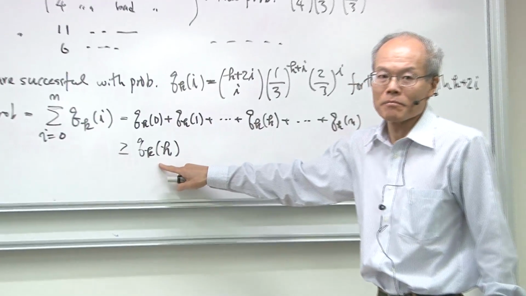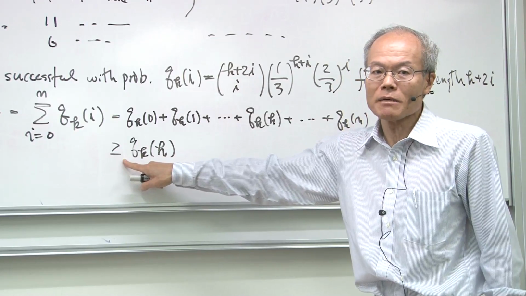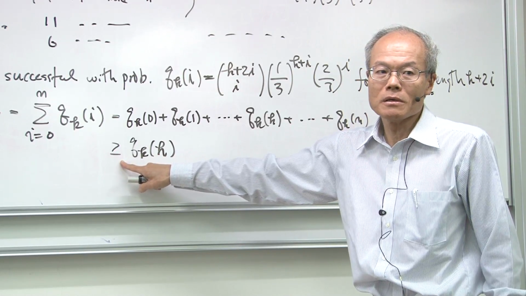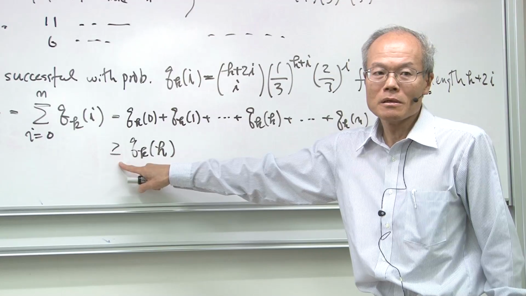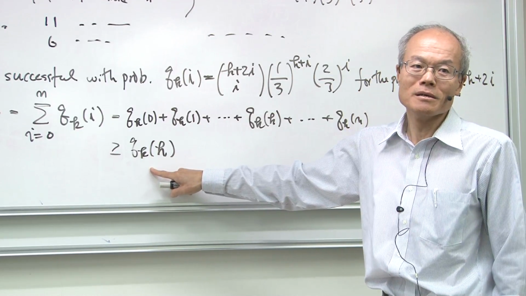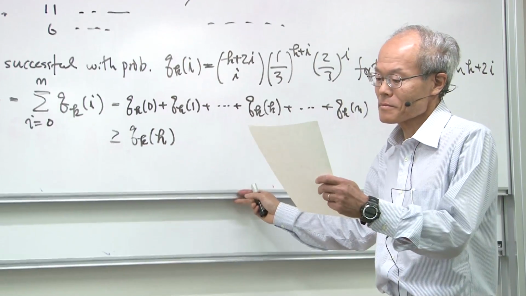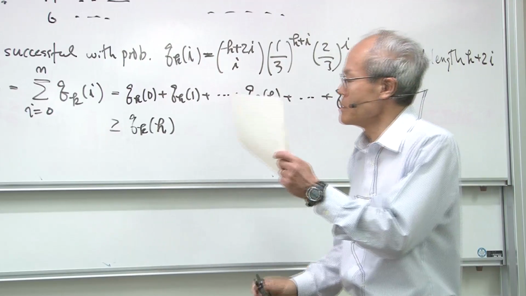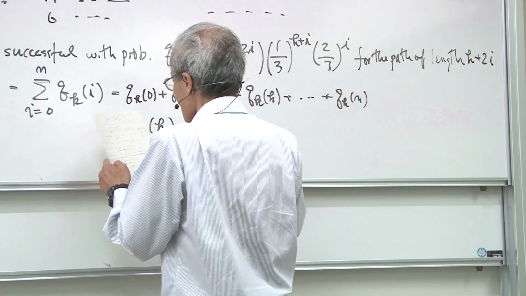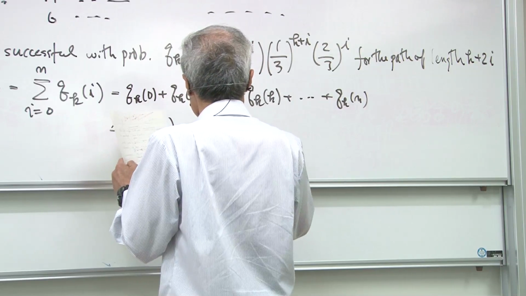But as I said before, 1 over n can be ignored if this is exponentially small. Okay? So we can do this. And this is 3k choose k.